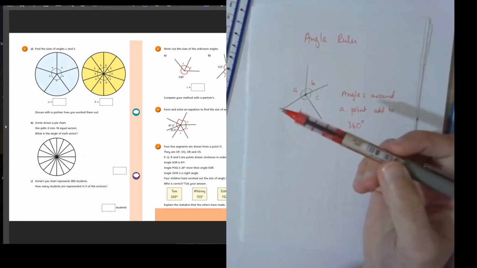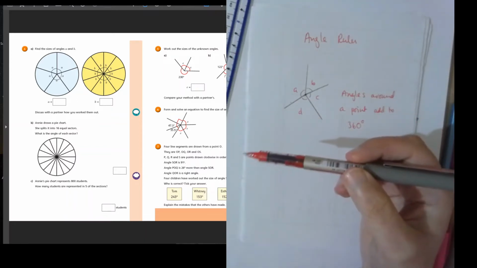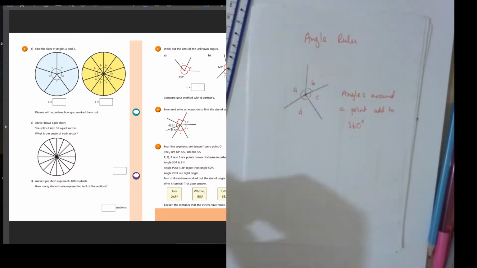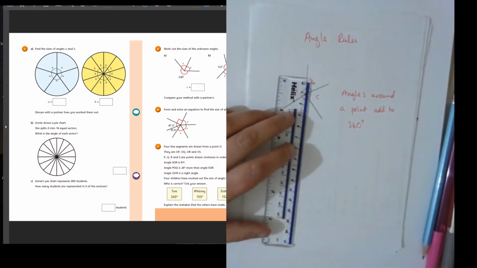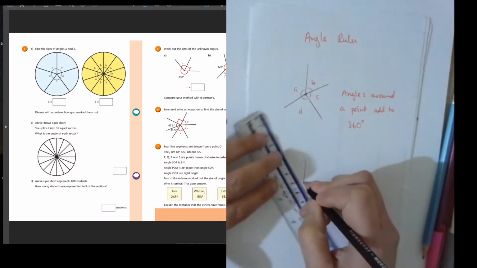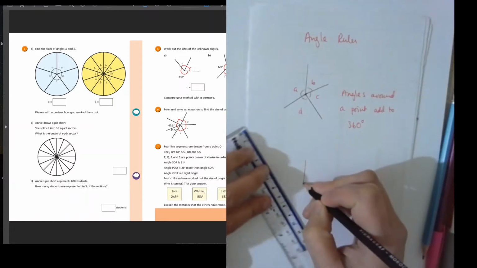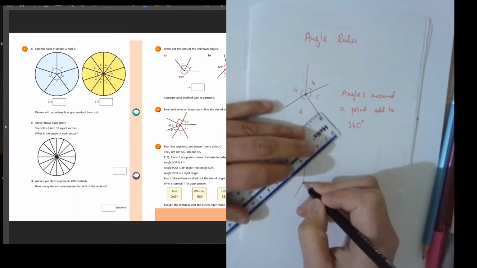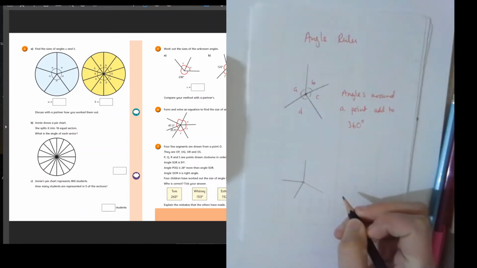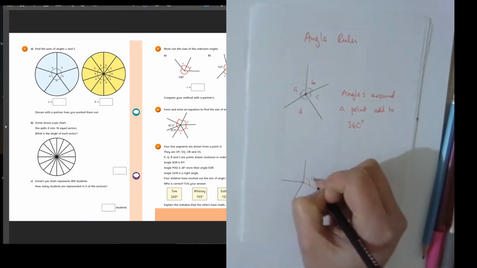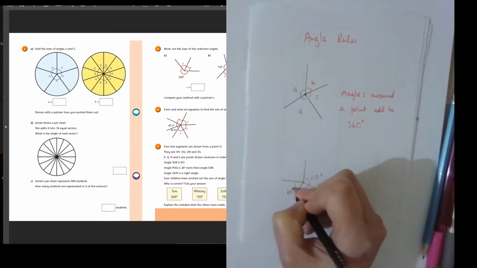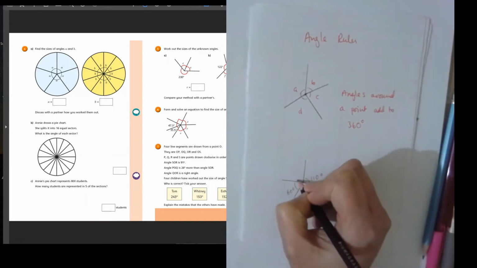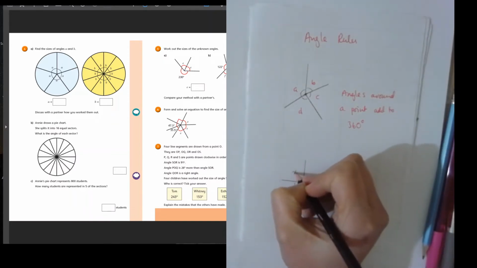So on the worksheets I will pop on there, there will be some simpler ones. Let me give you an example of a simpler one right now. I'm just going to have a bunch of angles here. I'm going to say this one is 110 degrees, this one is 90 degrees, and this one is 60 degrees, and I'm asking what angle X is.